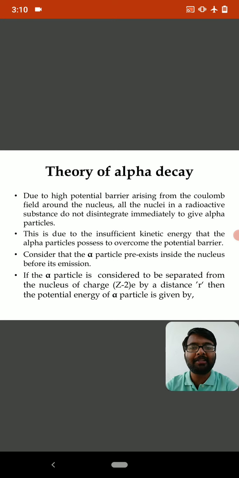For example, consider that the alpha particle pre-exists inside the nucleus before its emission.